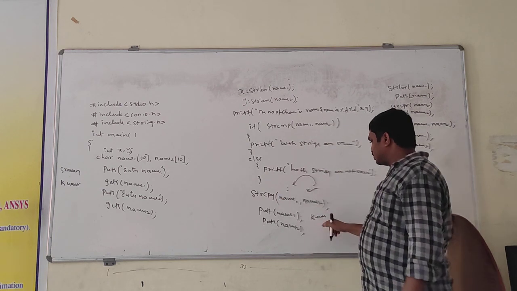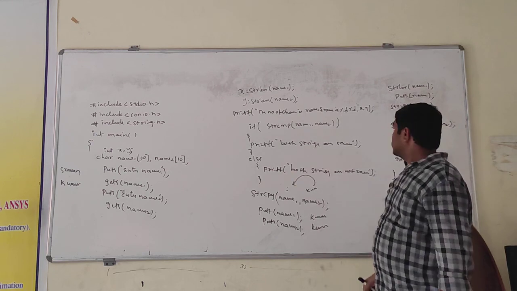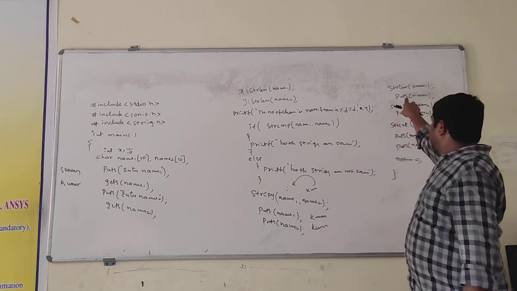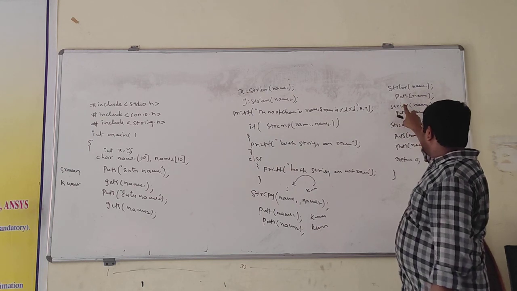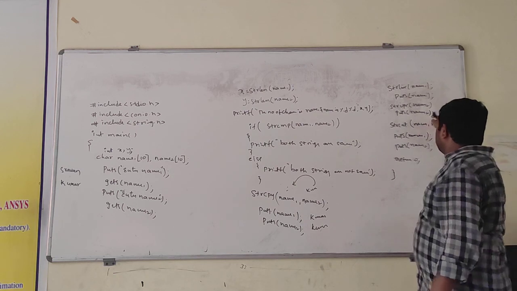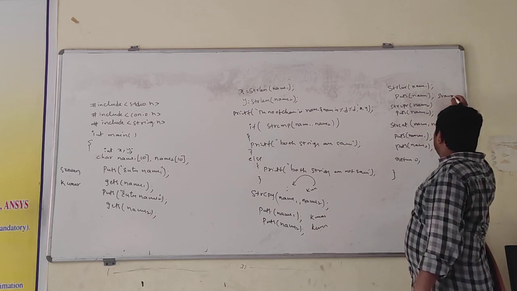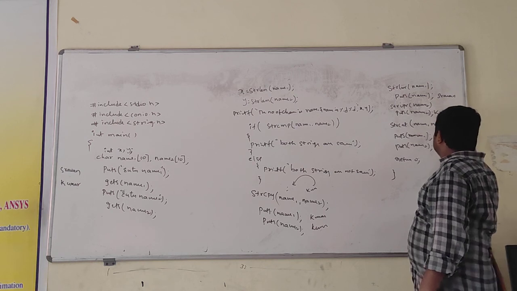So name1 is Kumar and name2 is also Kumar. Okay. Next strlwr. The first string is converted into lowercase and printed, and the second string is converted into uppercase and printed. That means here it prints lowercase Shravan and uppercase Kumar.